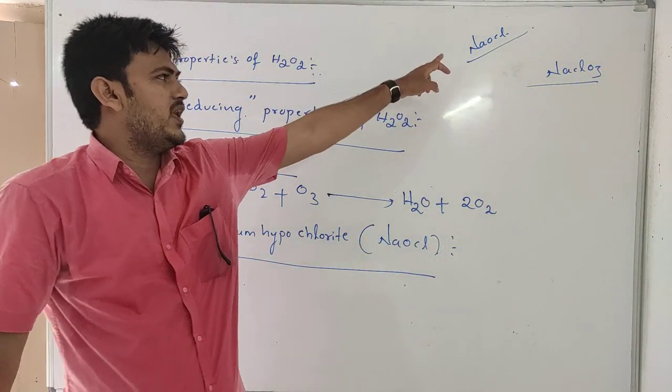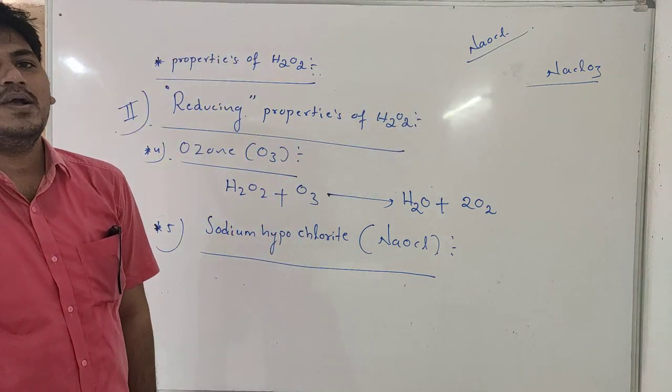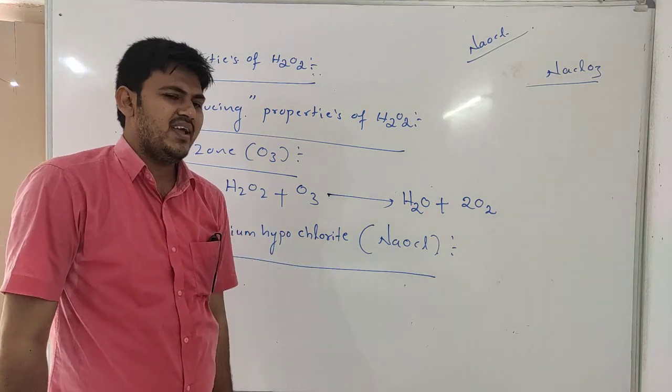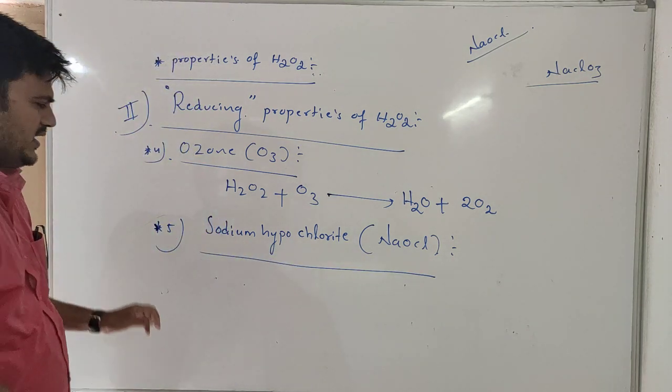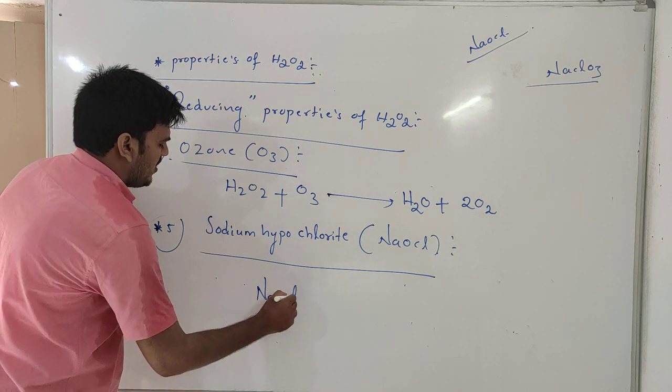So the first one is sodium hypochlorite, NaOCl, and the second one is sodium chlorate, NaClO3.